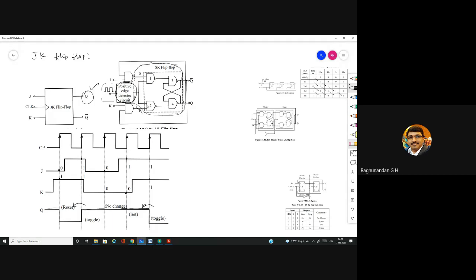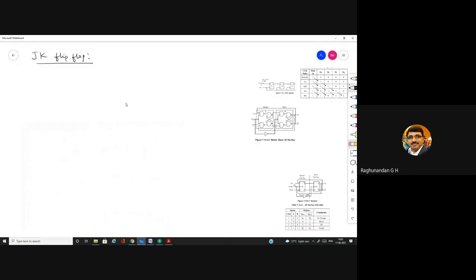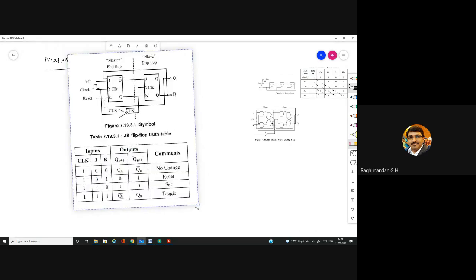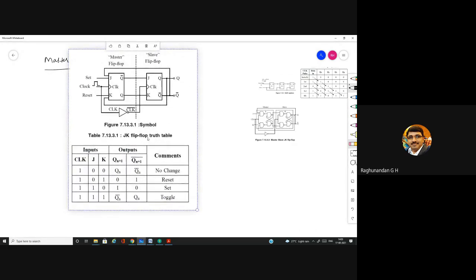After this JK flip-flop, the improved version of it is coined as the master-slave flip-flop. So this is known as the master-slave JK flip-flop, because to design this, we are going to use two JK flip-flops.